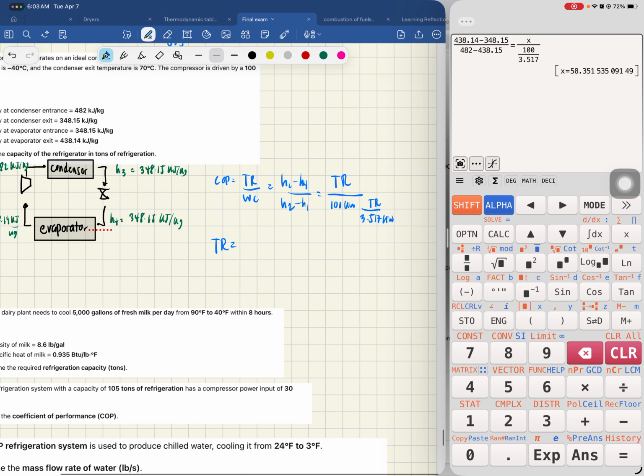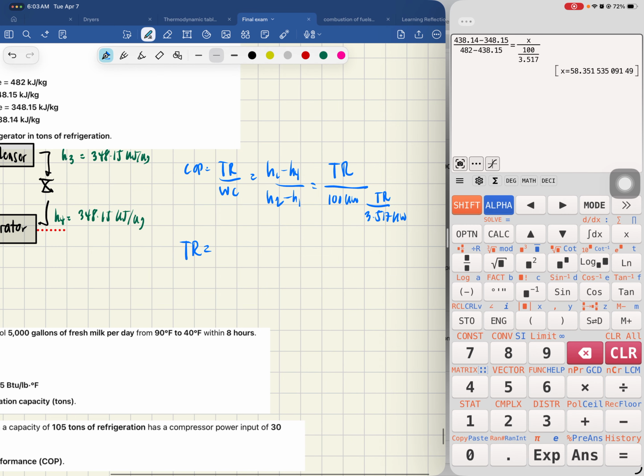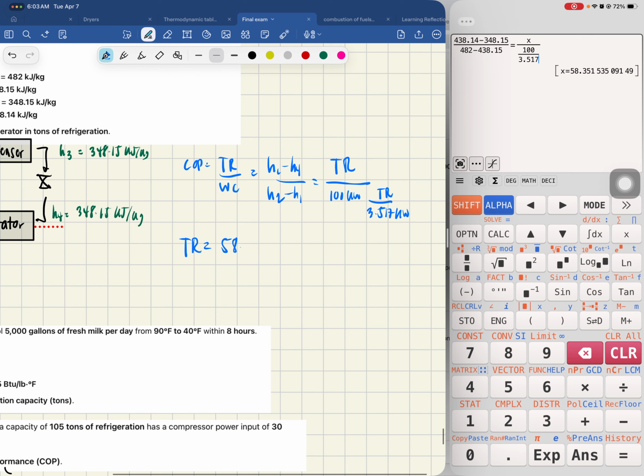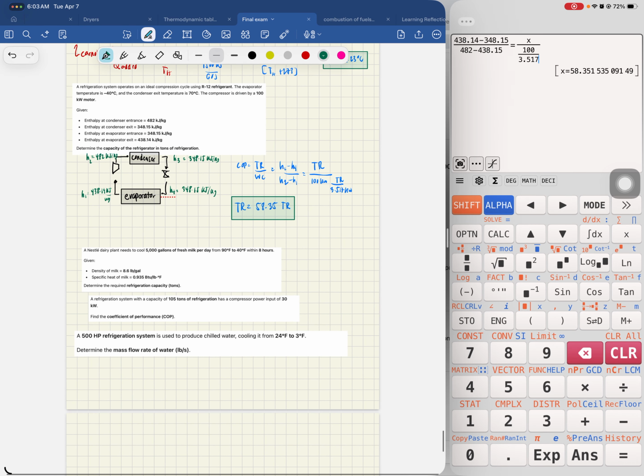Okay, so the tons of refrigeration, or the capacity of the refrigerator, should be around 58.35 TR. Okay. Yeah.